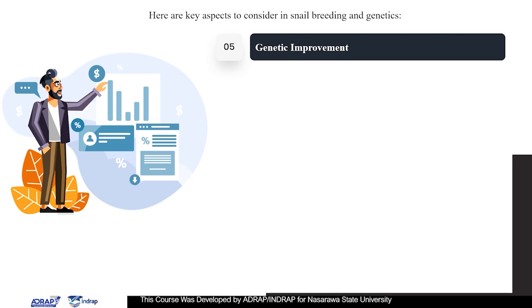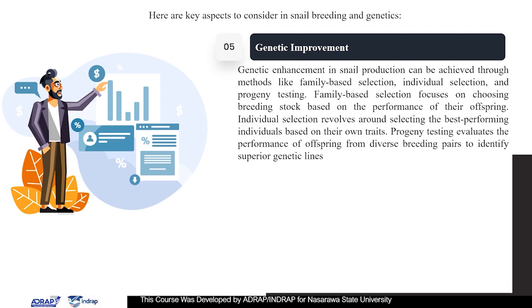Genetic improvement. Genetic enhancement in snail production can be achieved through methods like family-based selection, individual selection, and progeny testing. Family-based selection focuses on choosing breeding stock based on the performance of their offspring. Individual selection involves selecting the best performing individuals based on their own traits. Progeny testing evaluates the performance of offspring from diverse breeding pairs to identify superior genetic lines.